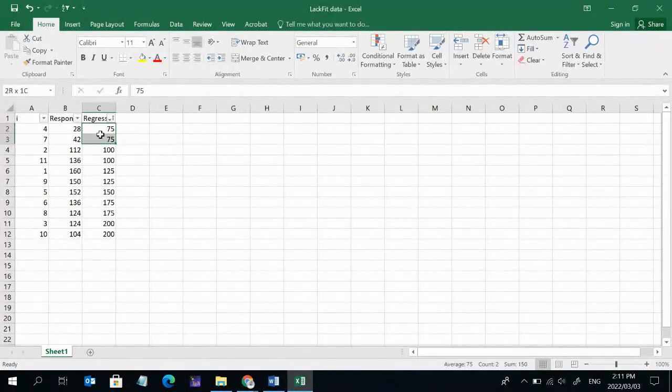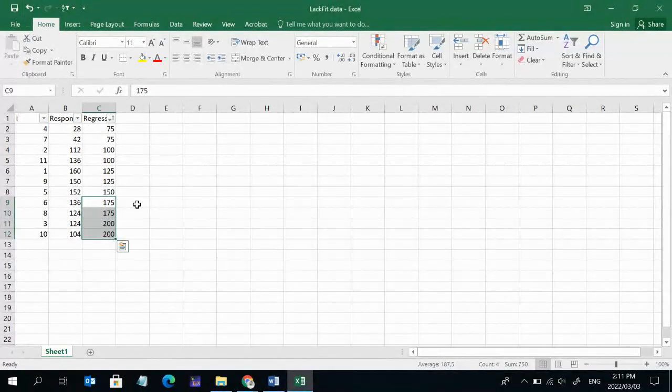So we have two replications on the first one, two replications on the second one, two replications on the third one. Then we have one, which is 152. So we only have one, and the other ones are 2, 2, 2 like that.